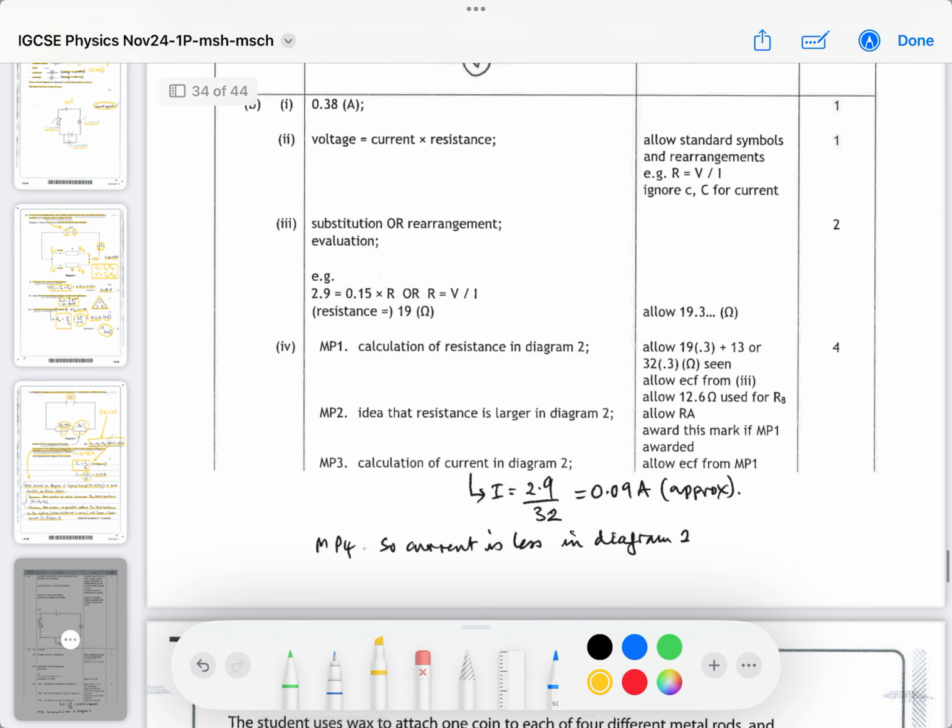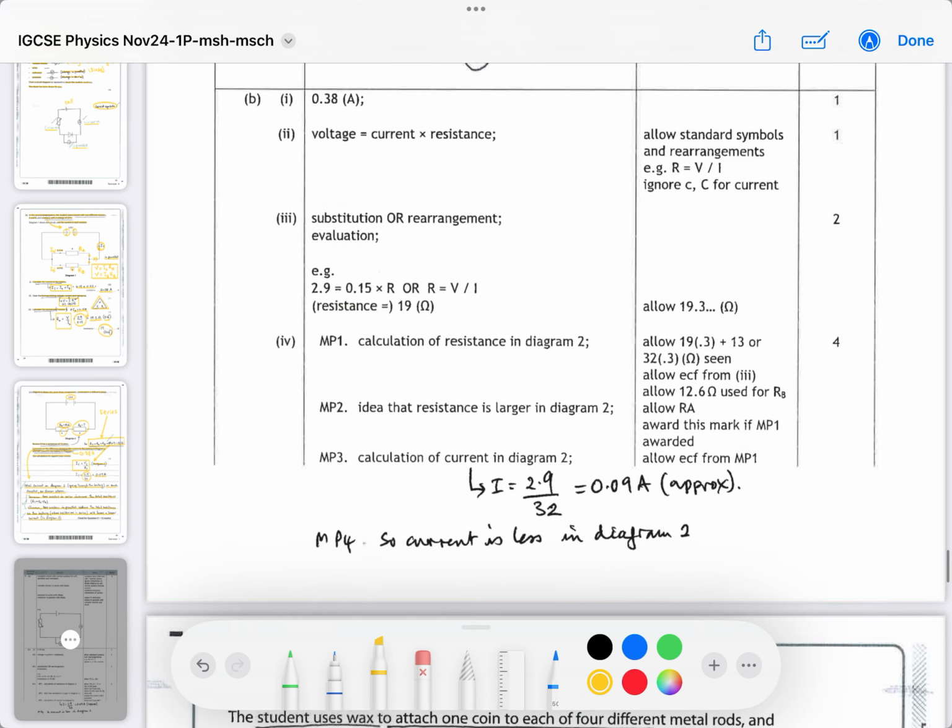Part B, the current in circuit A, we got it right, and the current in circuit 2, I've added it in for you. Yeah, I just didn't want to include the 1 or 2 points that they've done on the next page to save space, okay?